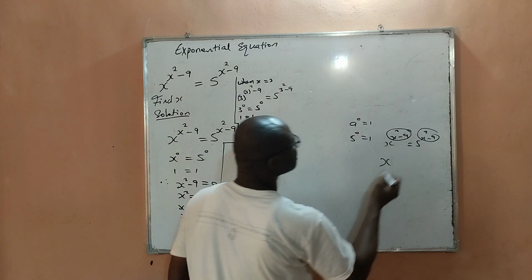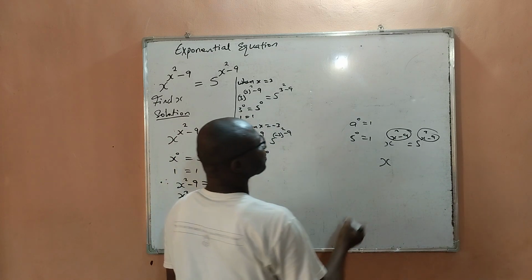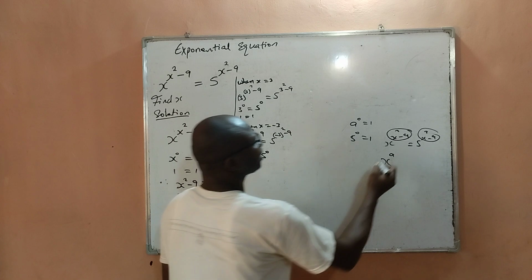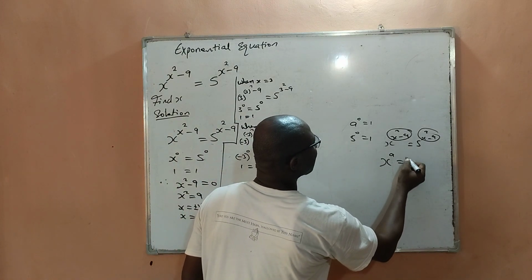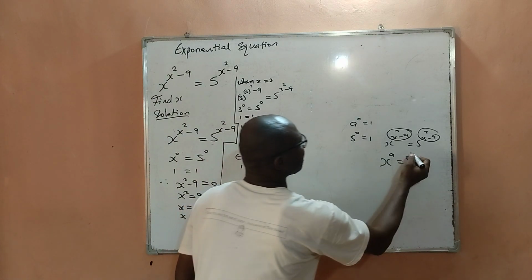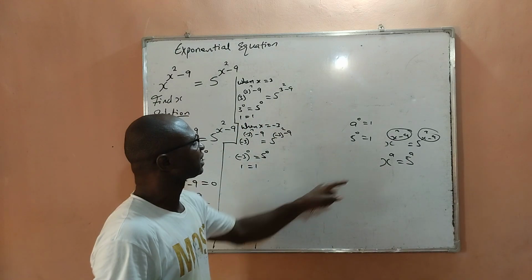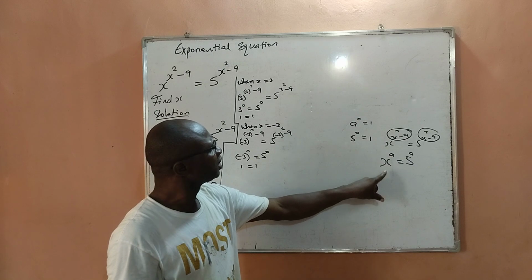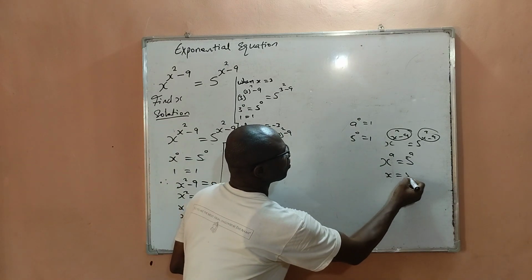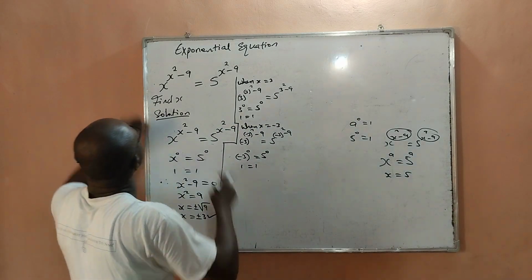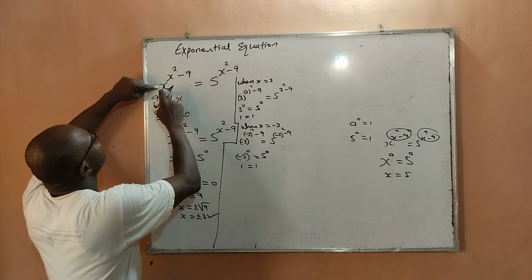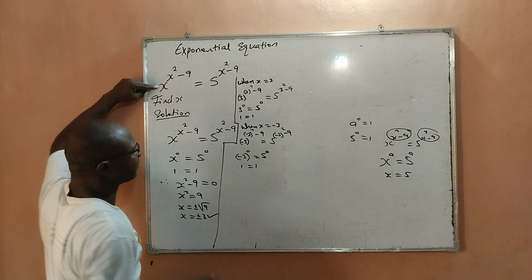Now, the law of indices says if I have x raised to the power, let's say, a, equal to maybe 5 raised to the power a, automatically, because the powers are the same, it means that x is equal to 5. We can now quickly conclude from this question that the powers are the same, which means that the value of x can also be equal to 5.